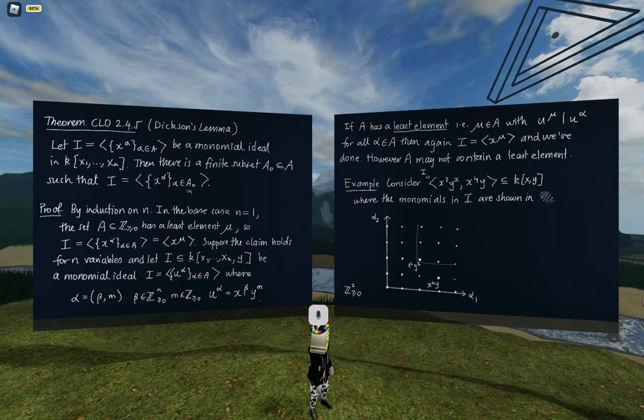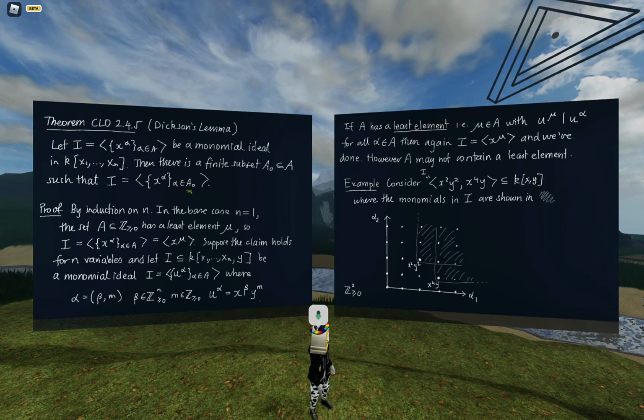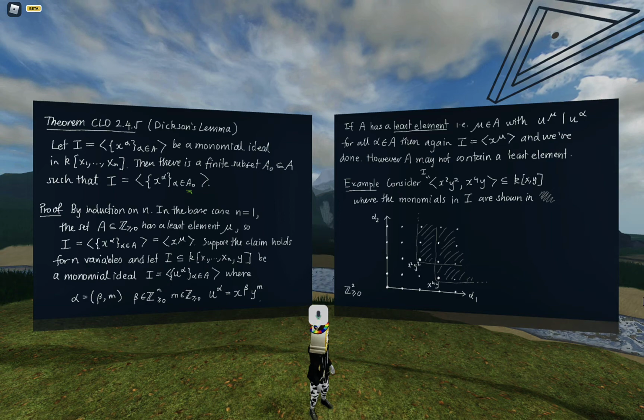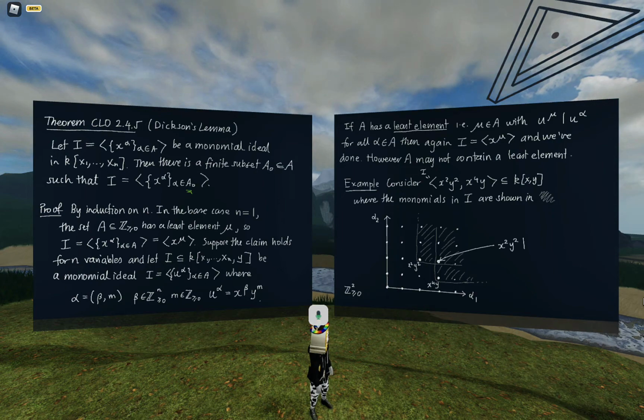So everything in here, those are all tuples that are in the ideal, and similarly everything in here is in the ideal. You see how these regions correspond to things greater than or equal to those generating tuples. This point here is in those regions twice, which corresponds to these two relations of divisibility.